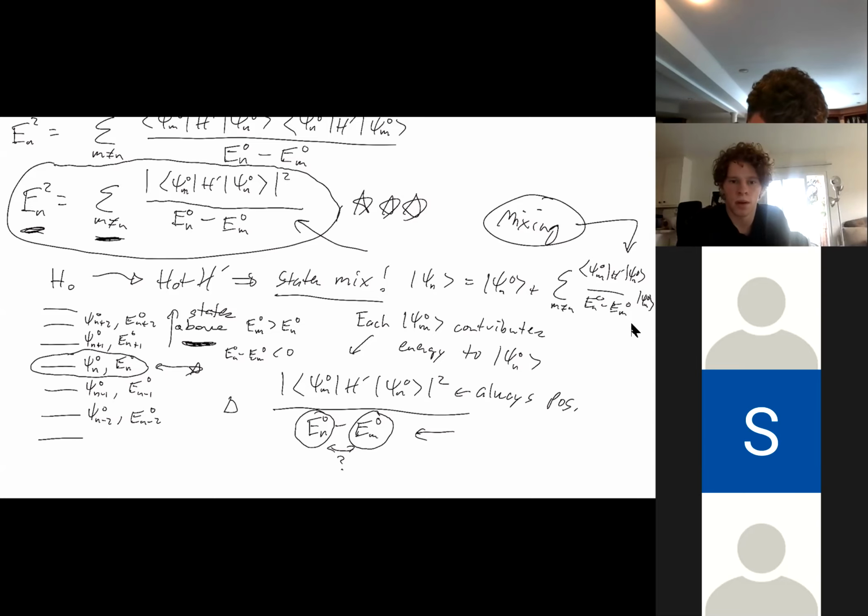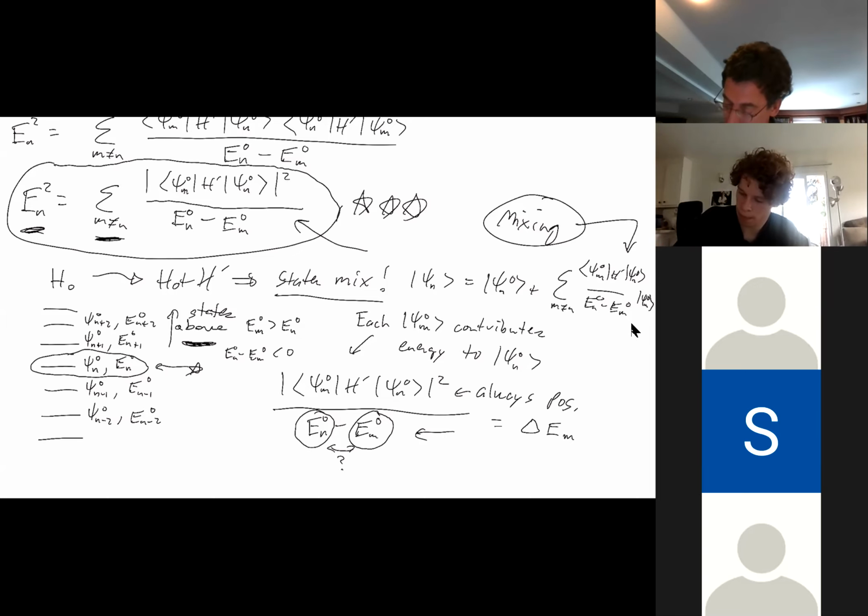This thing is delta E. Actually, I don't want to write it right there. I'm going to write it right here. This thing is the delta E m. That's the amount of energy given to the nth state by the mth state. That's right. And so the energy is negative.